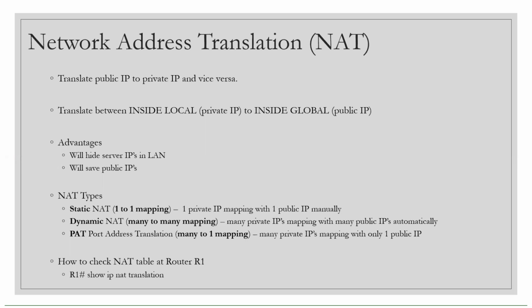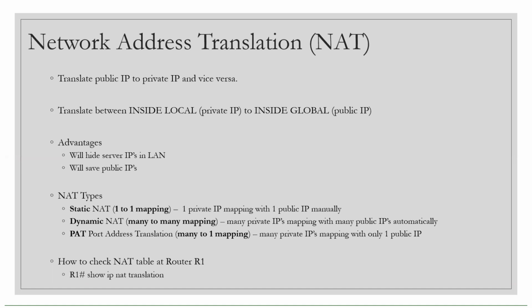The plus points of NAT are very simple. Like I said, it will hide the server IPs in the LAN, shielded from external view, and it will also save public IPs. We do not have to use loads and loads of public IPs. And finally, static NAT, dynamic NAT, and PAT are the three types of NAT.